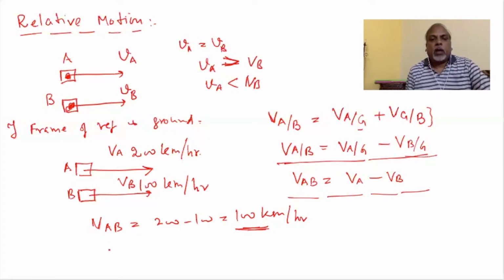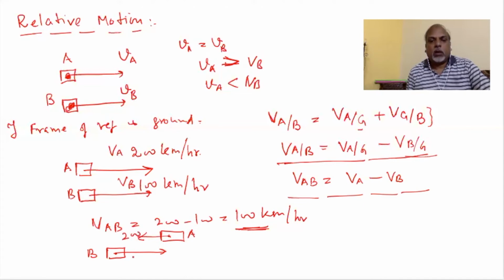And in another case, suppose your B is like this, it is moving like this, and your A is moving in this direction. Then what will happen? This velocity of A with respect to B will be VA minus VB.